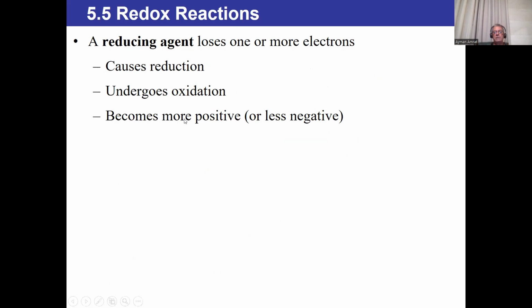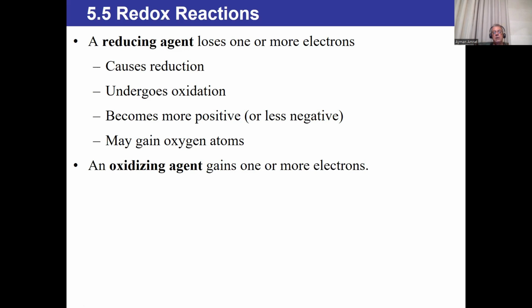If the charge becomes more positive or less negative, this substance is the reducing agent. Reducing agent means it loses one or more electrons and causes reduction. It may gain oxygen atoms, since in the old definition, oxidation means gaining oxygen atoms.